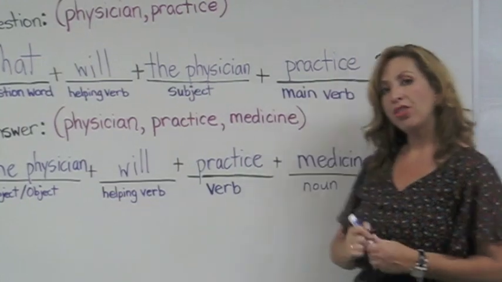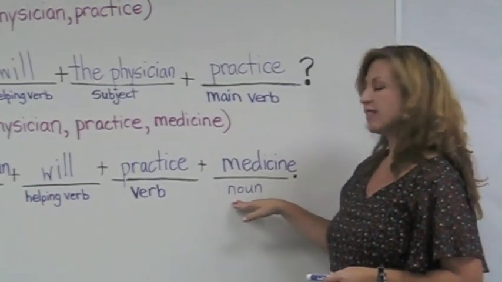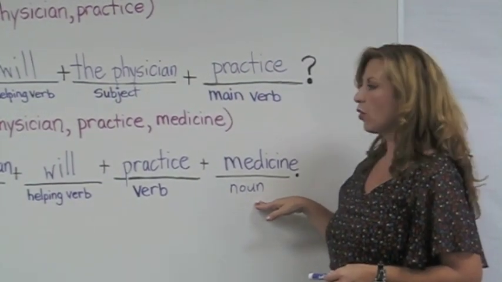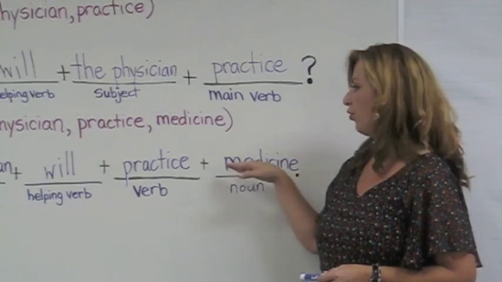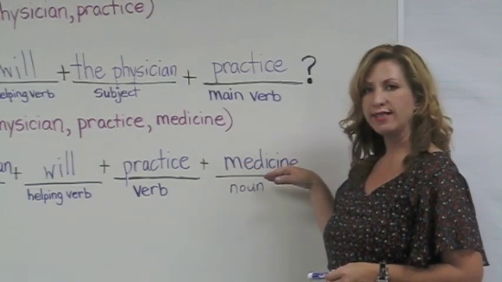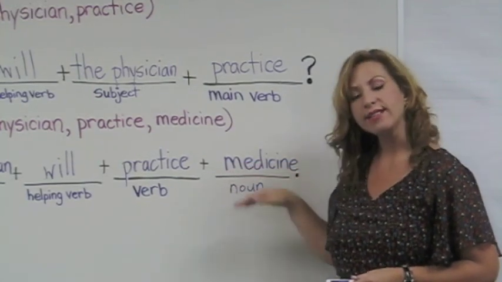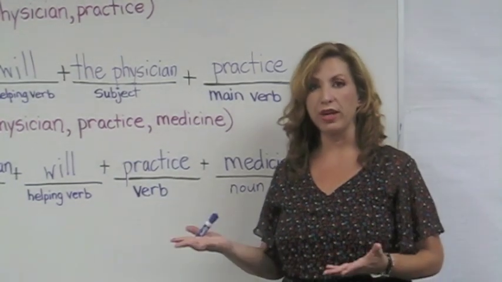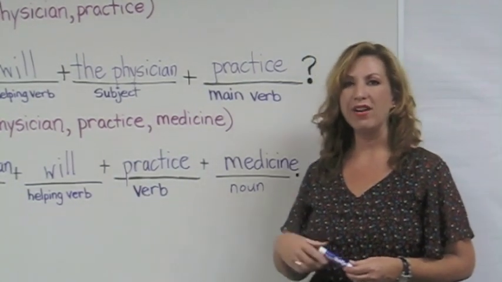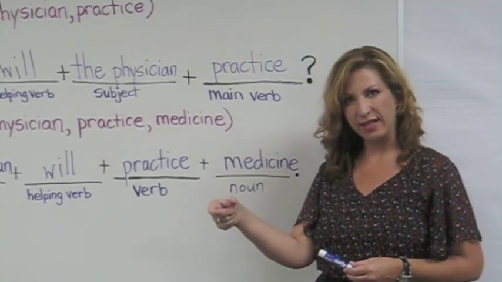Now, in this case, because it is a noun, we are not going to use an article before our noun medicine, because in this case, we are talking about the career. We are not talking about a specific medicine.